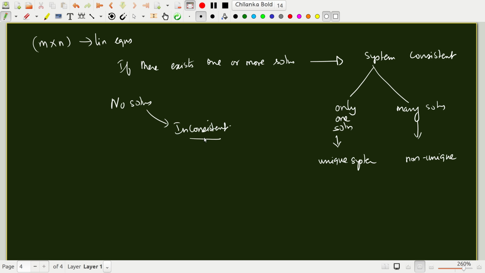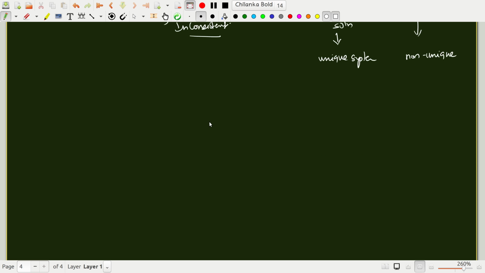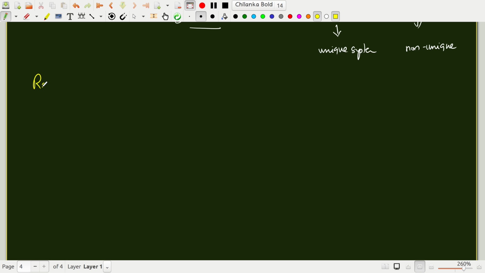Okay, now in all this, it's useful to introduce the notion of the rank of a matrix. There are two equivalent definitions for the rank of a matrix.